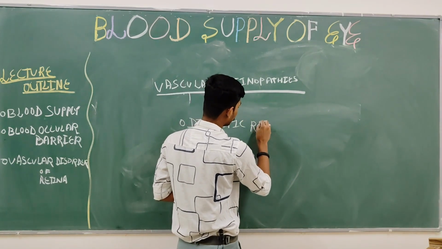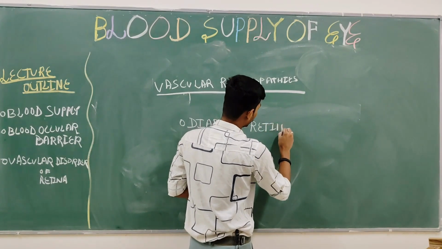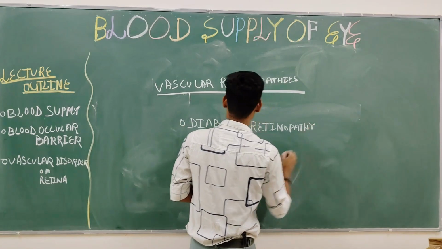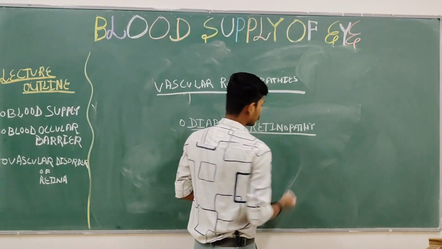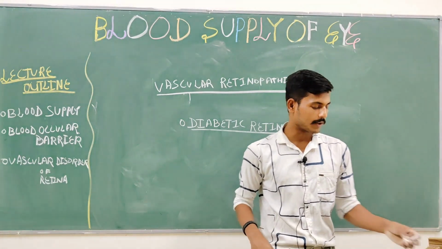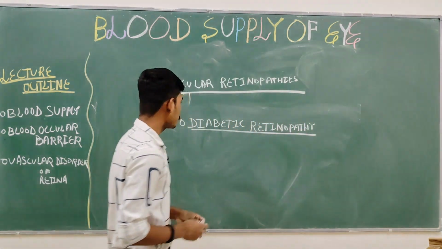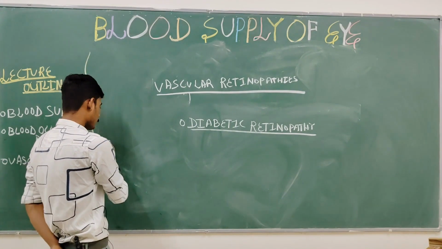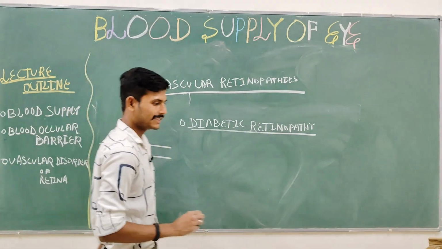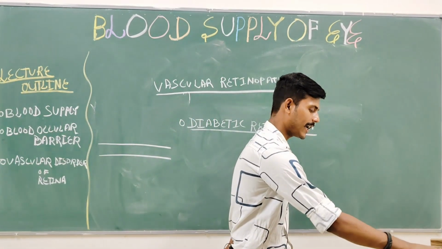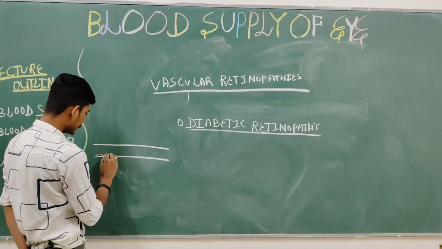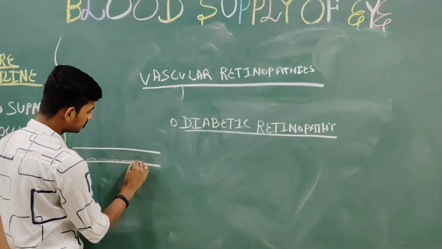Diabetic retinopathy. See, here the case is different from hypertensive retinopathy. You know that in the blood vessel there is a lining of endothelium.